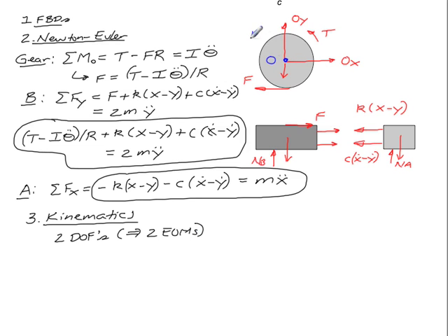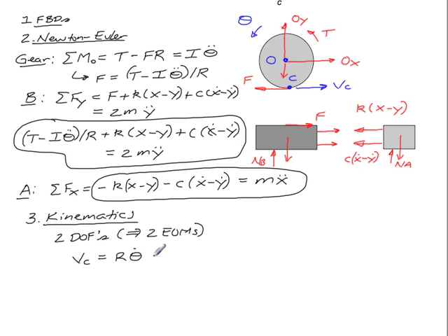Theta was defined positively like that, so I would write the contact point C as having a velocity, a speed here of r theta dot. That's coming so simply from the fact the gear is rotating about O.